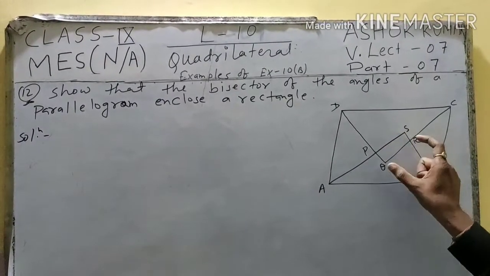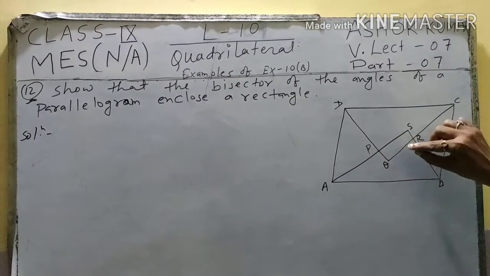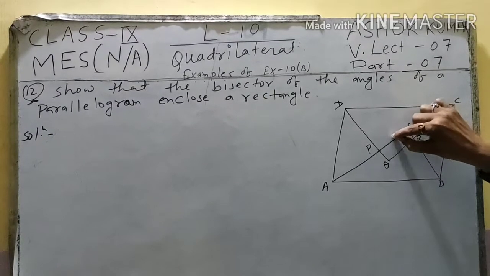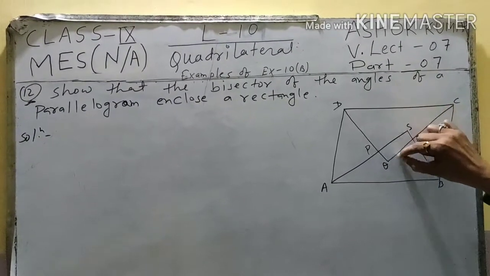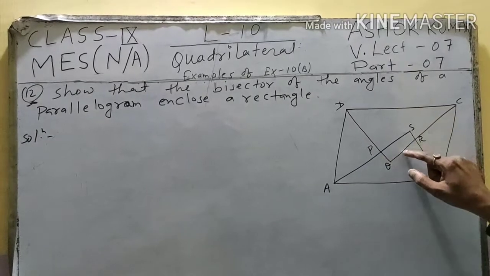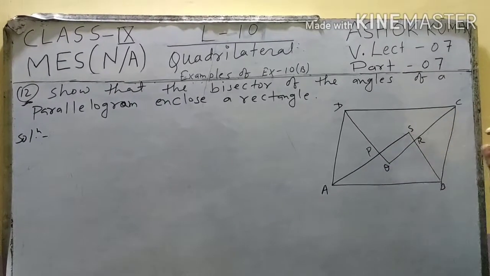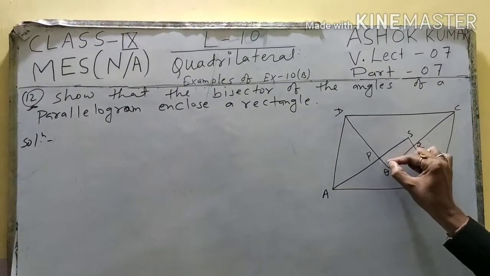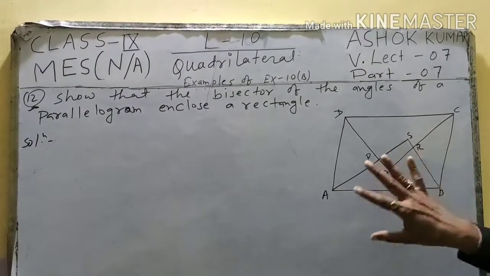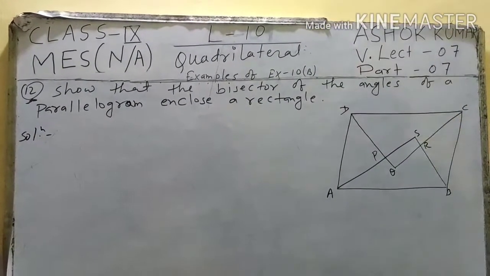In a rectangle, the opposite sides are equal: this side is equal to this side and this side is equal to this side. If all angles are 90 degrees, then we can say this is the form of a rectangle.